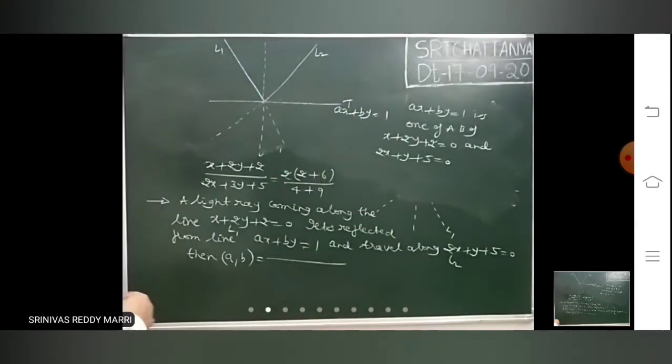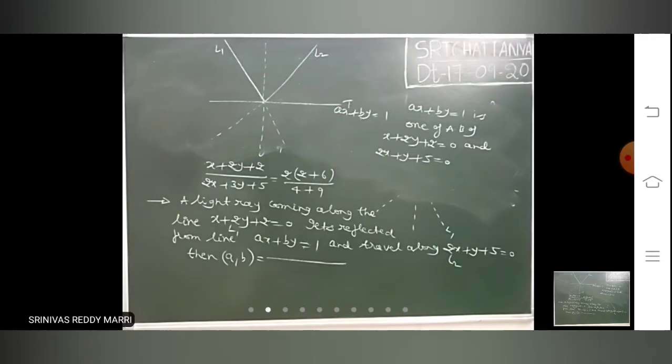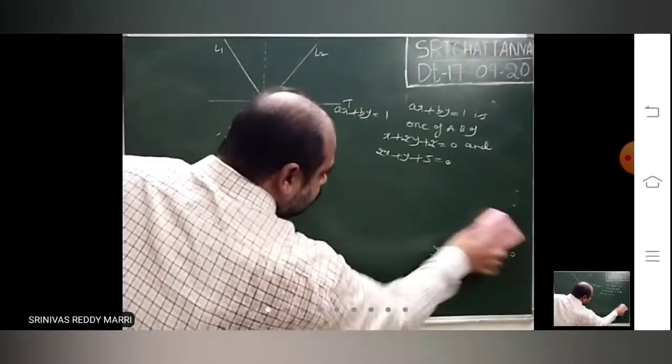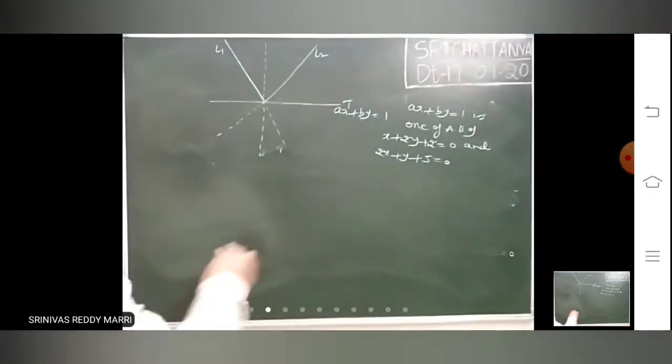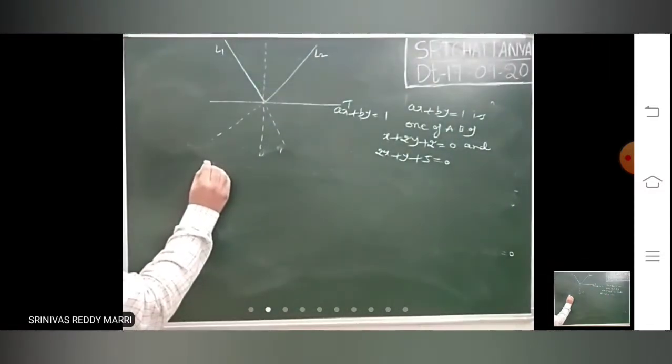So now the tangent equation you want. That means that is one of the angular bisectors of that. So find out the angular bisectors of these two lines.